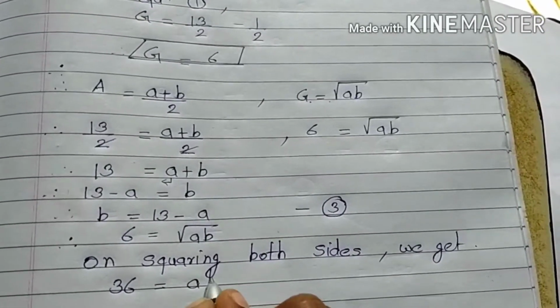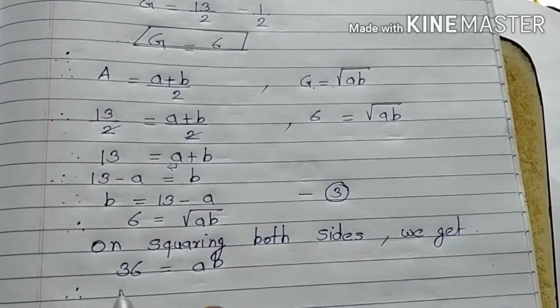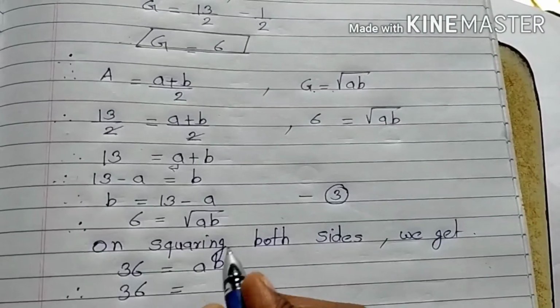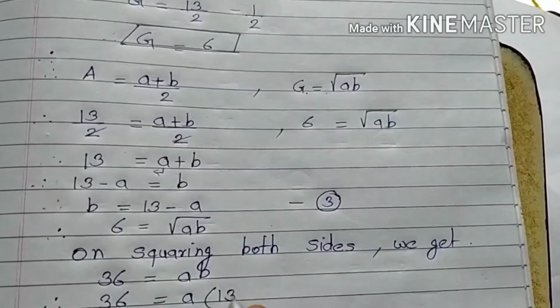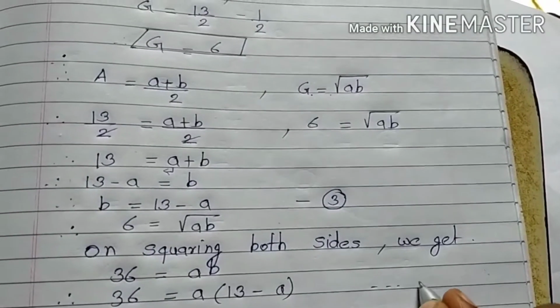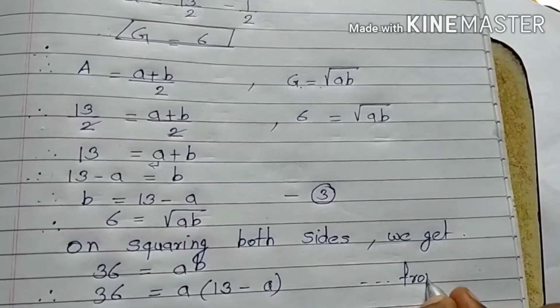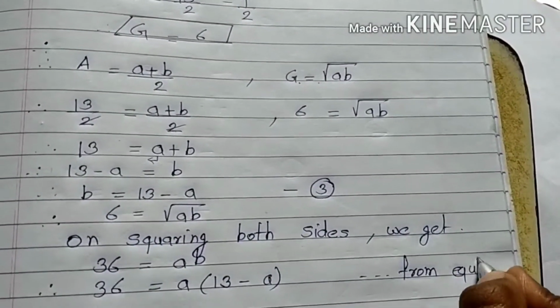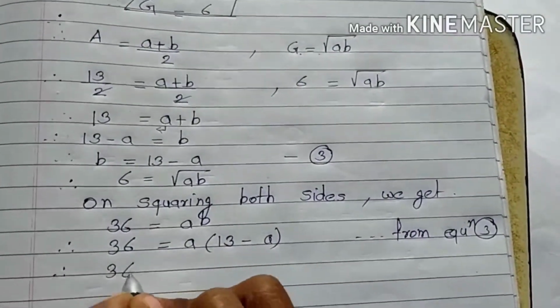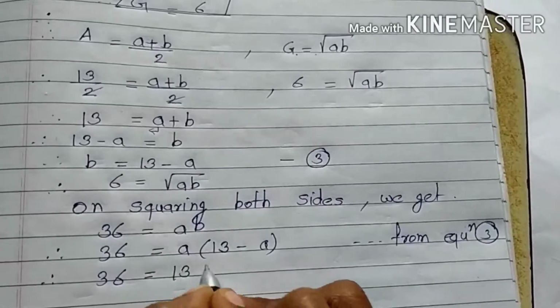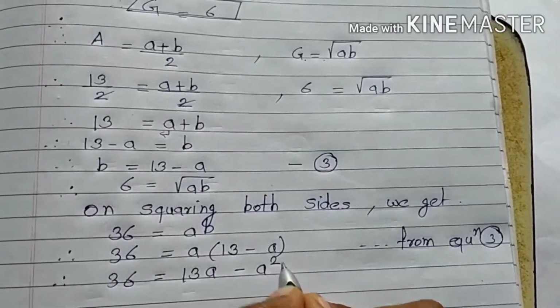So here we get only the value of ab. Now 36 is equal to a into b, and the value of b is 13 minus a, from equation 3. Therefore 36 is equal to 13a minus a².